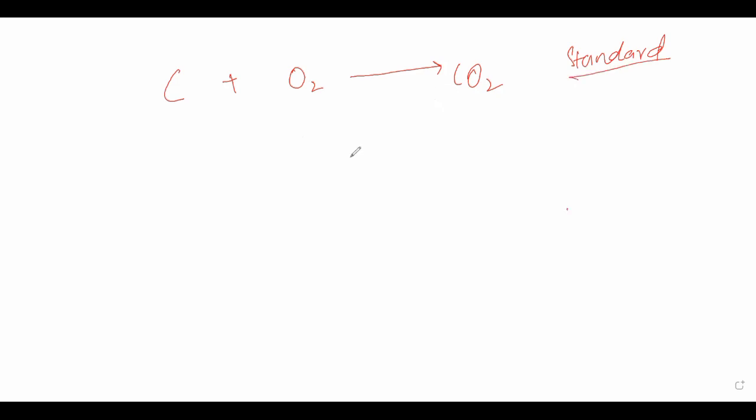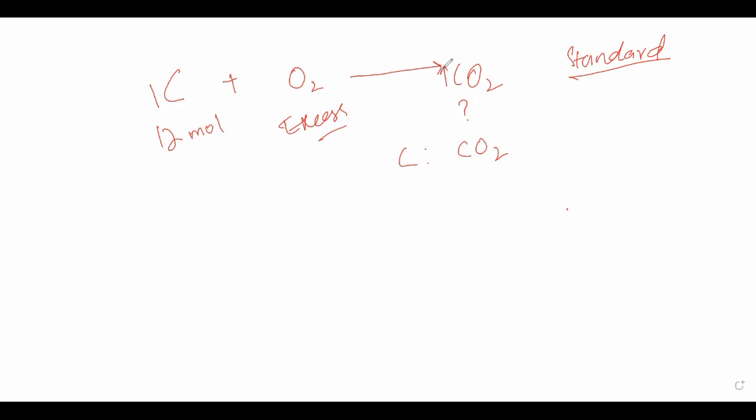So if you are told that you have 12 moles of carbon, what will be the amount of carbon dioxide produced, because you have oxygen in excess? You will compare carbon with carbon dioxide. It's 1 mole produces 1 mole.